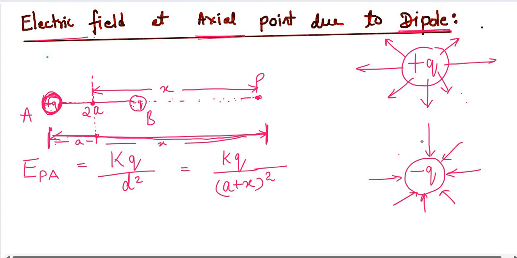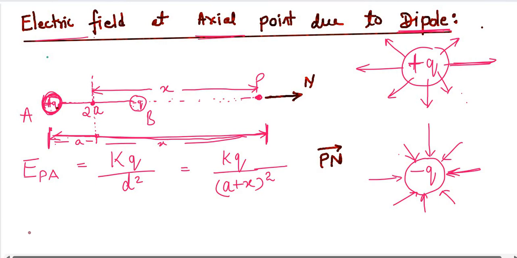So whenever we are finding the electric field due to positive charges, it is outward, and due to negative charges, it is inward. Here we are finding the field due to plus q at this point, so the direction will be outward, away from the charge, towards P.